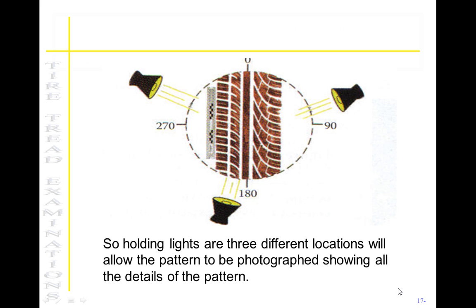It's also good to have your lighting at three different locations to allow the pattern to be photographed showing all of the details of the pattern without any shadowing present.